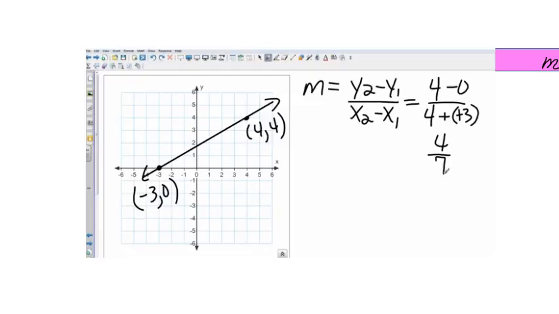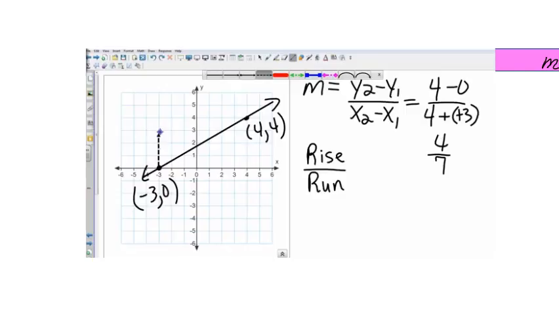And so what's another way to do it? Well, rate of change is also known as rise over run, which slope is as well. So how many spaces do I rise and how many spaces do I run to get from point to point? Here I rose 1, 2, 3, 4 spaces.